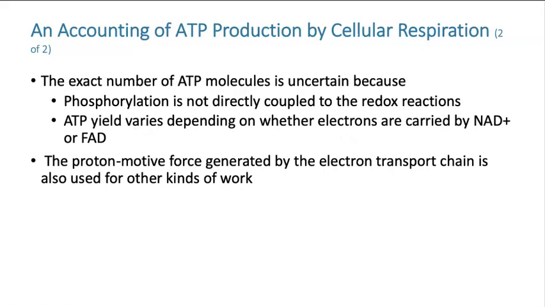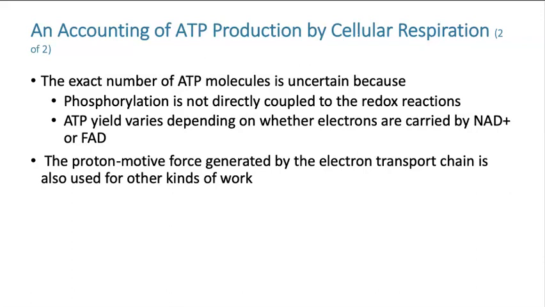We don't actually know the exact number of ATP molecules because phosphorylation isn't directly coupled to the redox reactions. Sorry, let me just back up here again and say that NAD plus and FAD could be made in different numbers depending on the situation.